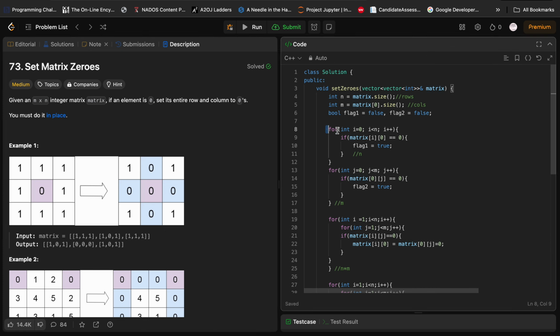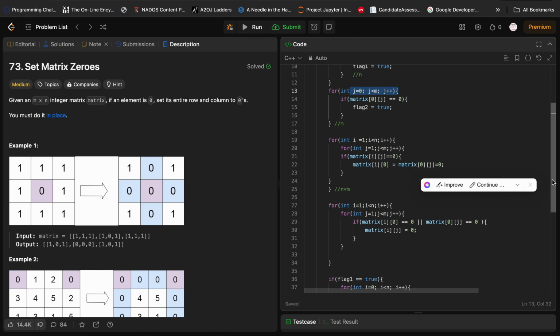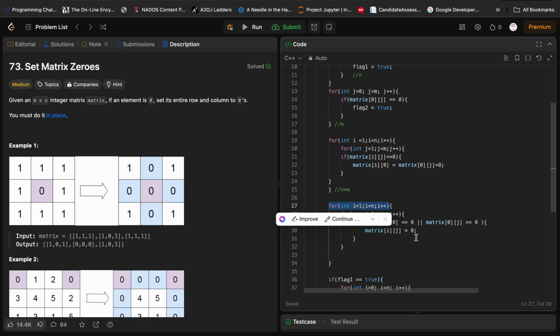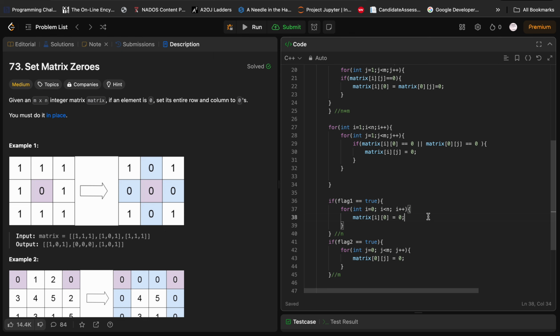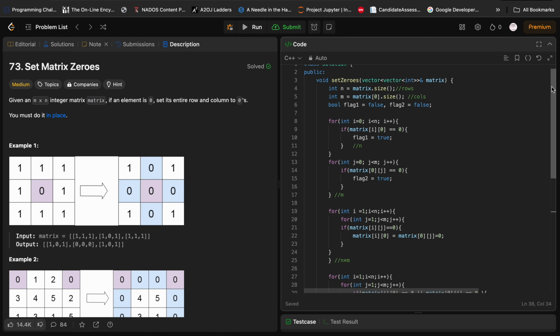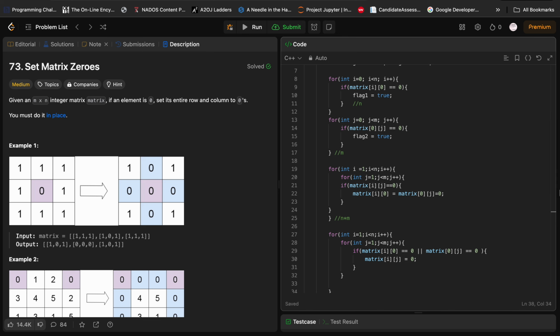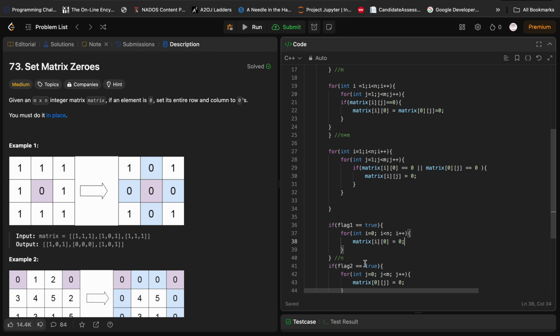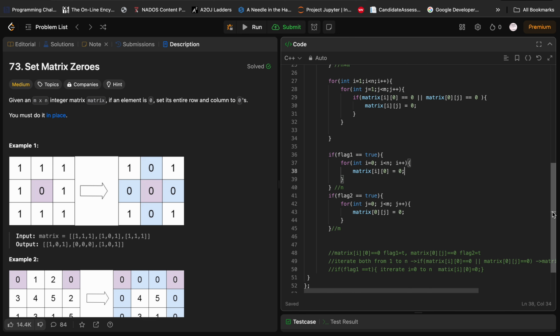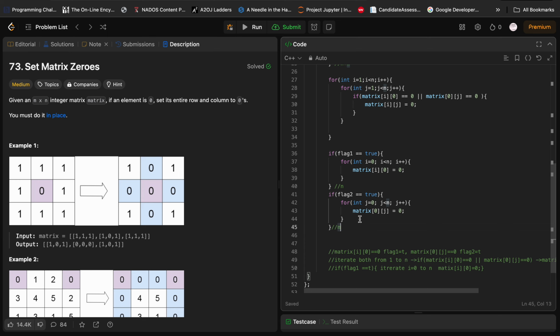Here we are iterating n times, here we are iterating m times, here we are iterating n into m times because there are two loops over here, and similarly over here it's n into m, and here it's n and n. Then we'll add all these: n plus m, n into m plus n into m, and here also n into m, n plus m.